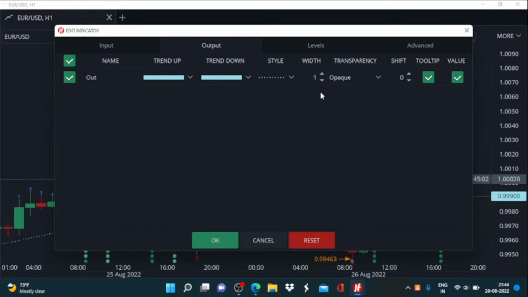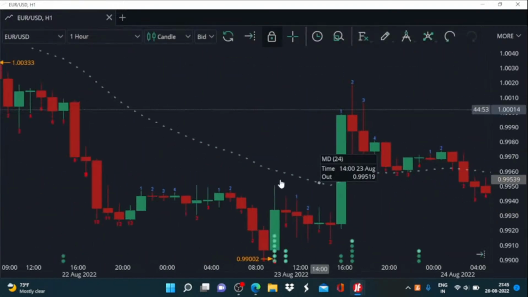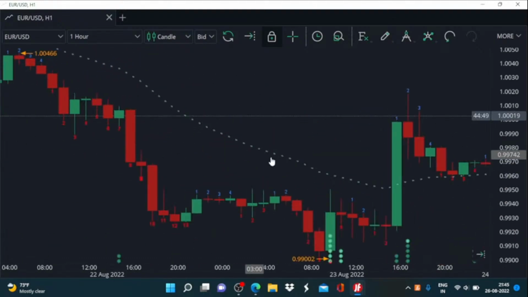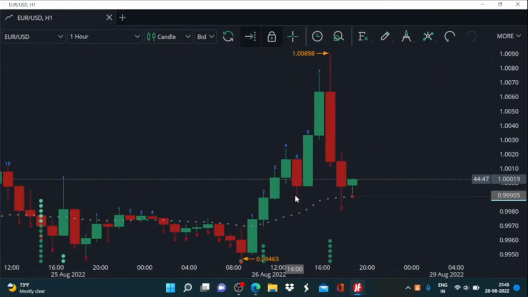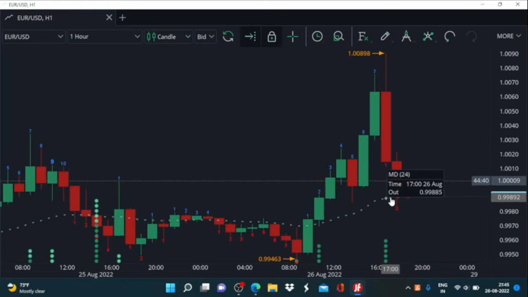All these options are there. You can increase its width. If you see that it is looking too prominent, then you can lower its transparency, opaqueness. So here we have these MD line now plotted in a manner of dots with this output value.